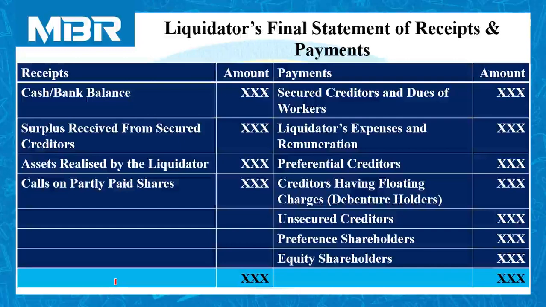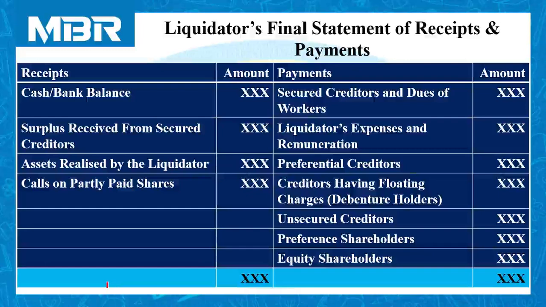So, on the receipts side of the liquidator's final statement of receipts and payments, we can include a maximum of 4 items. One, the balance of cash and bank. Second, surplus received from secured creditors if the asset has been sold by the creditors. Third, assets realized by the liquidator, meaning whatever assets are realized by the liquidator, the amount is available with the liquidator for the purpose of payment to the different stakeholders.